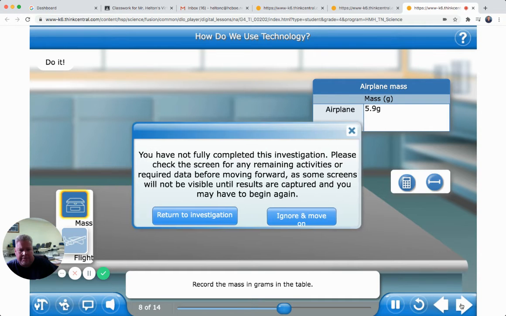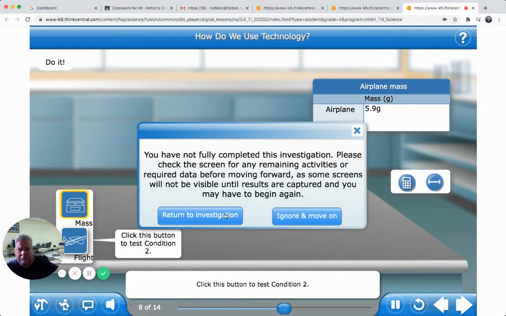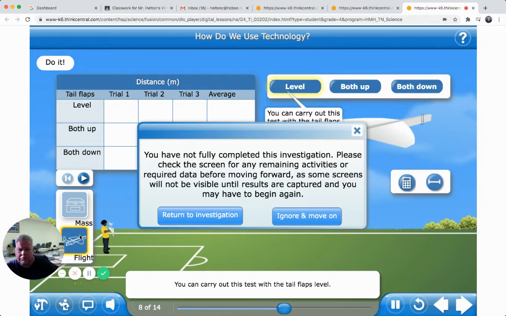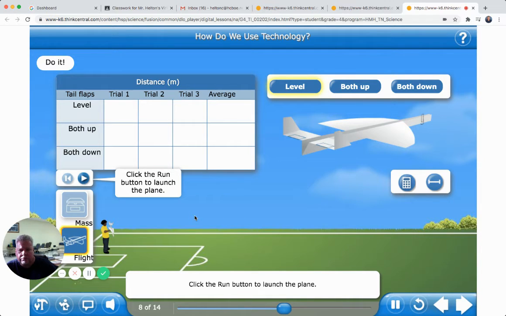The second condition you need to check is that the plane can fly at least 4 meters. Click this button to test condition 2. You can carry out this test with the tail flaps level. Click the run button to launch the plane. Okay. So here we go.